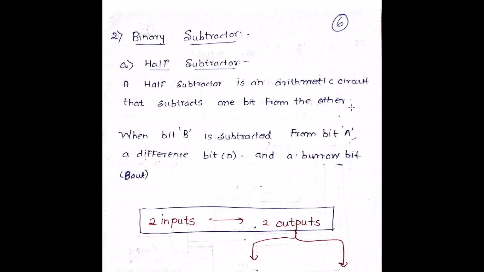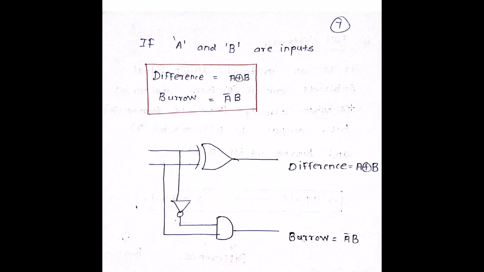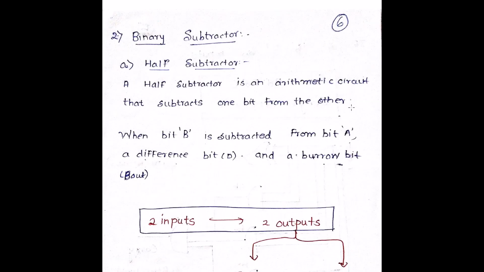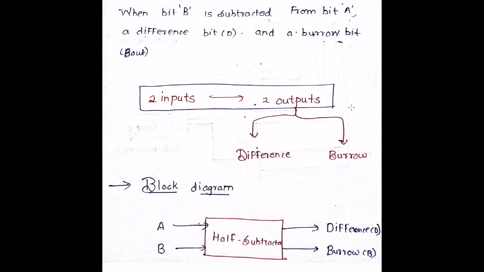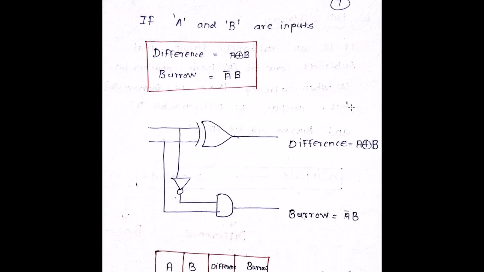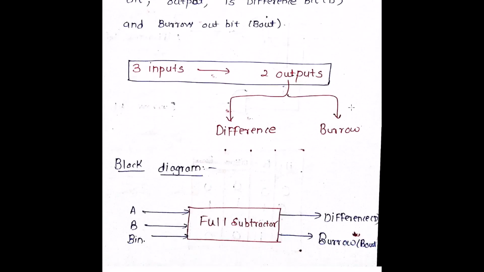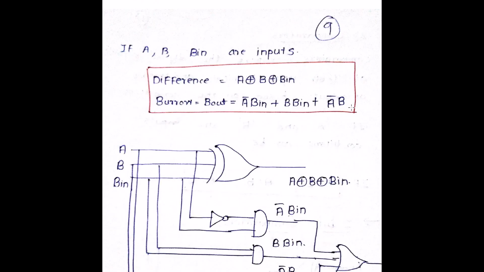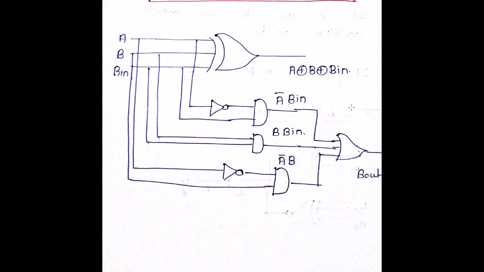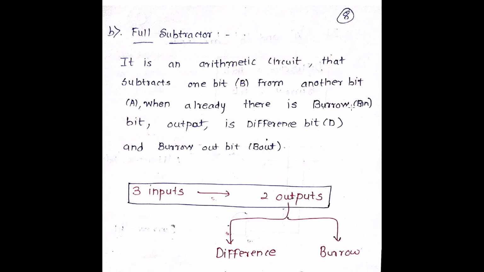Similarly, if you talk about binary subtractor, you have half subtractor and full subtractor. Half subtractor has A XOR B and A bar B, and the full subtractor is A XOR B XOR B in, and the borrow out will be A bar B in plus B in B plus A bar B. So just put it in the form of a logical diagram and solve the question.